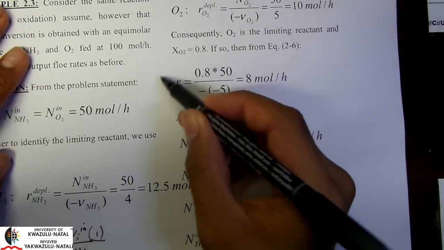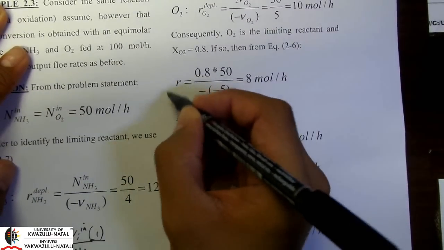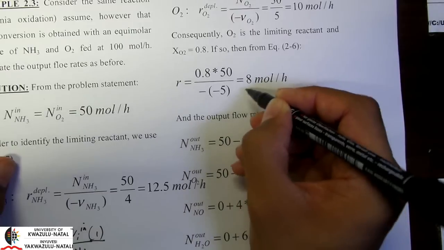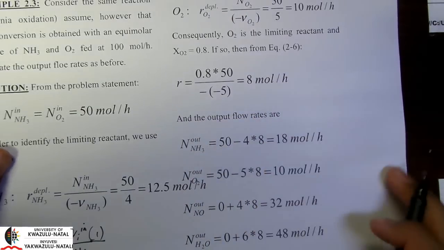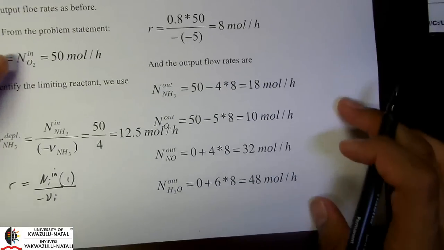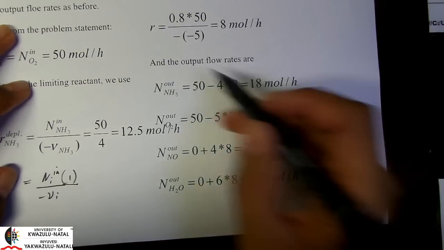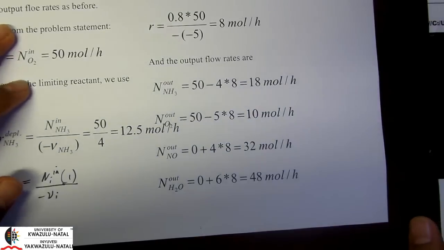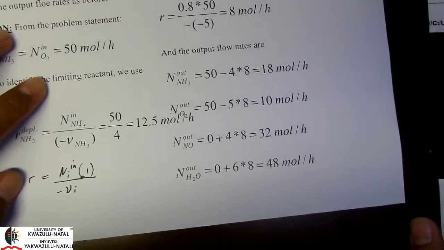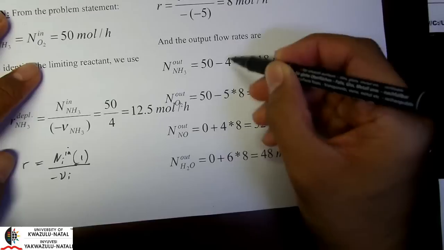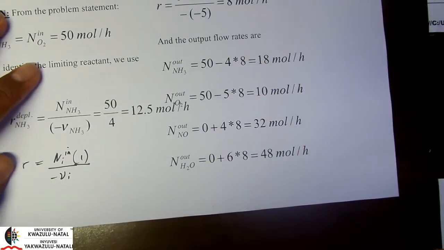Now calculating the actual reaction rate using our 80% conversion, we get the following. And the rest is applying the simple material balance equation. Ni out is equal to Ni in plus Vi times R, where Vi is the stoichiometric coefficient, negative in the case of reactants and positive in the case of products.